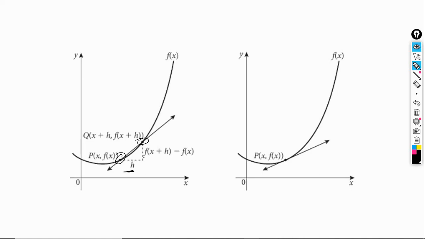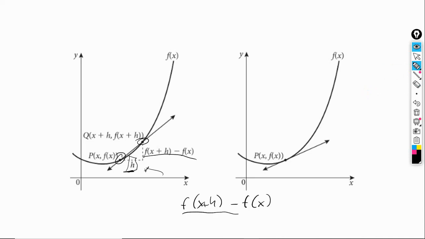But we still have the difference in y being f of x plus h minus f of x, and the distance in x still being h. Therefore, again, the slope of this line would be f of x plus h minus f of x. That's the difference in y.